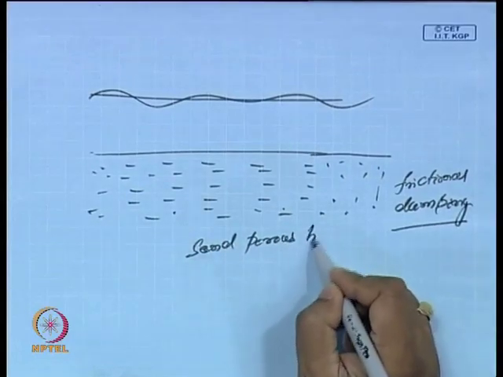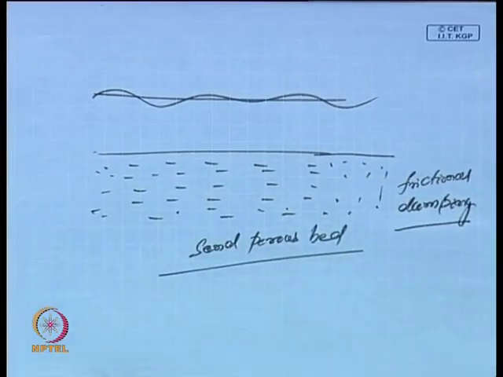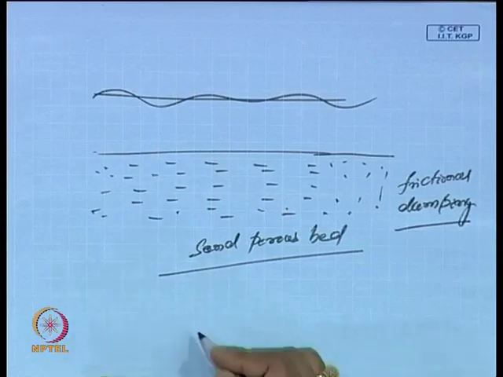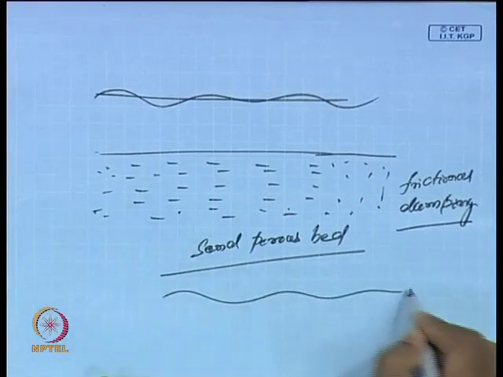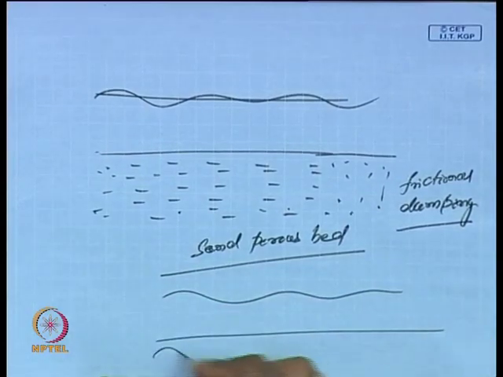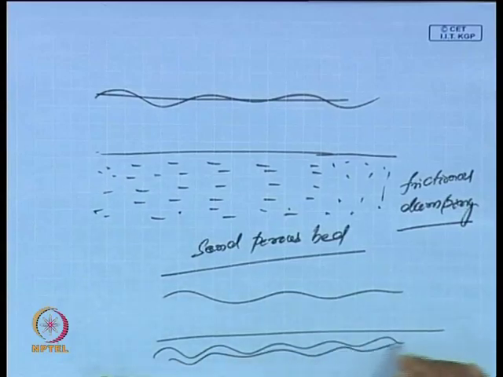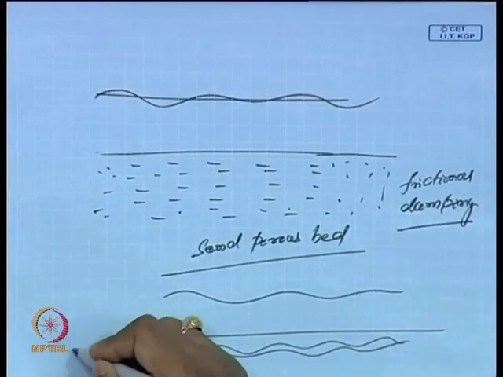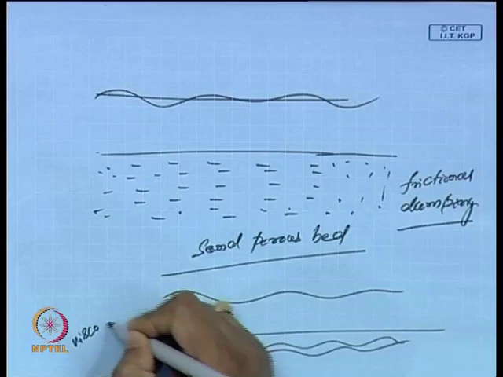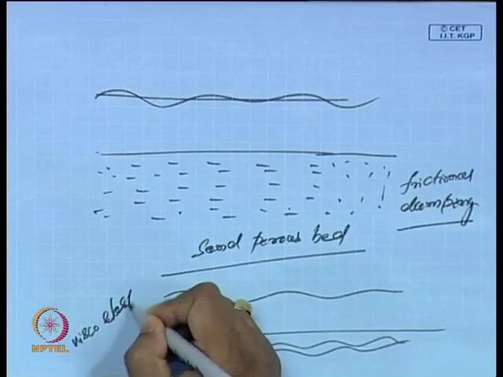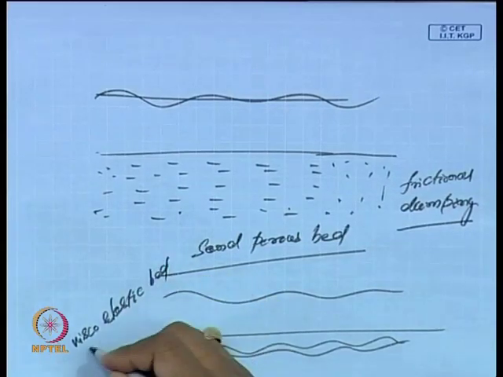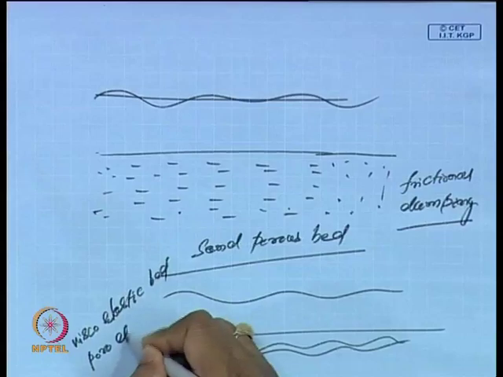Also we can say that the same situation will happen. One of the typical examples is that. Another is that suppose we have a muddy bed, sometimes we call it a viscoelastic bed, or poroelastic bed.